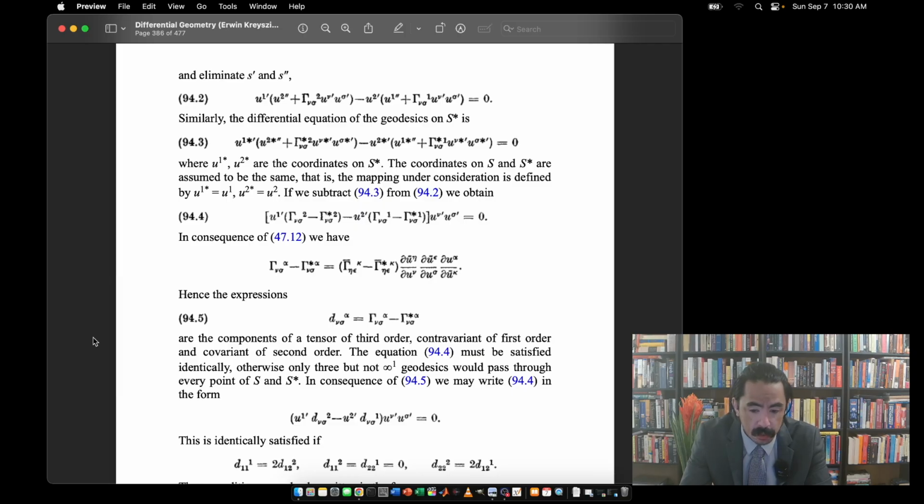The coordinates on S and S star are assumed to be the same. That is, the mapping under consideration is defined by u1 star equals u1 and u2 star equals u2.